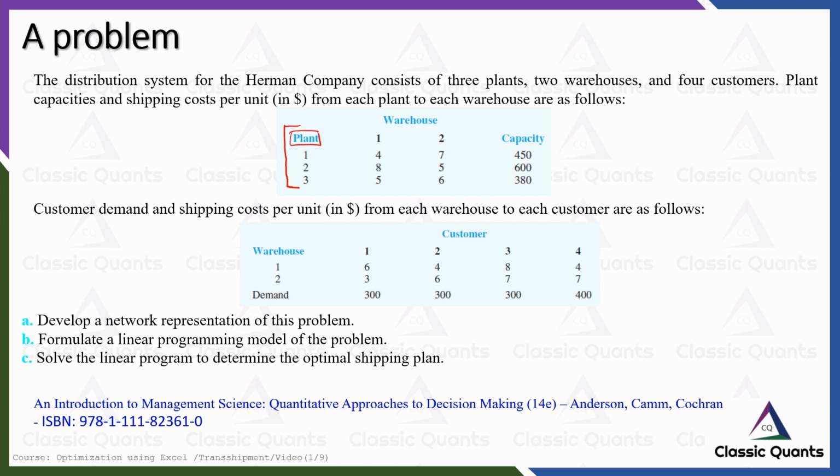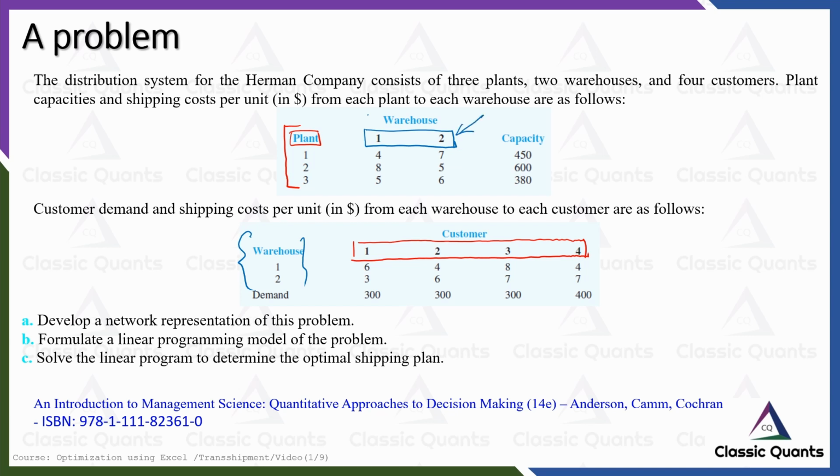Then there are demand nodes also. These customer nodes are the demand nodes. But then you have some other information also. These warehouses, these two warehouses. So these are the third categories of nodes.